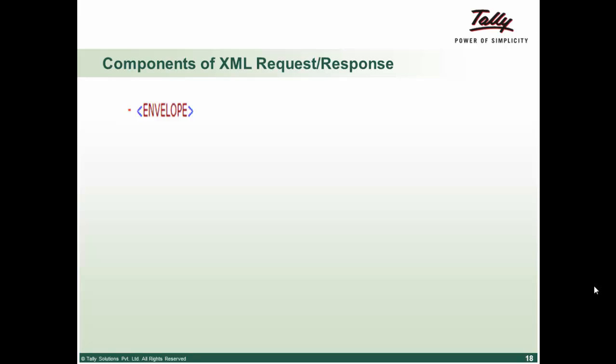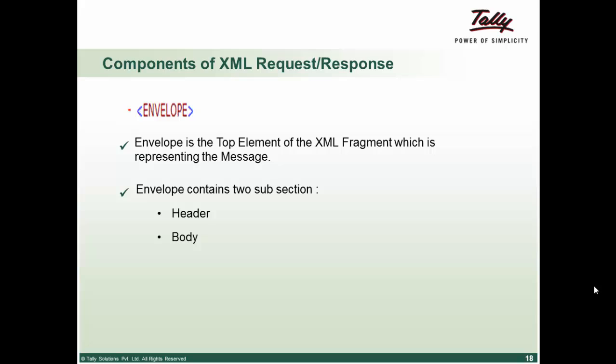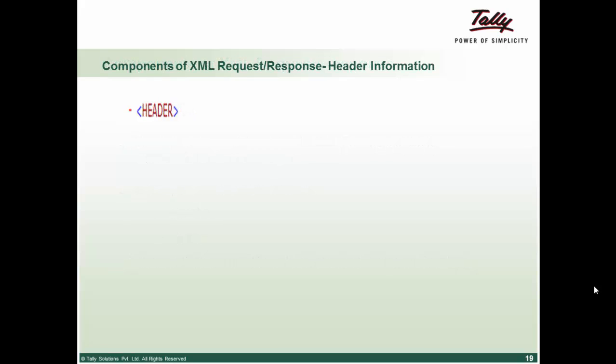Envelope is the top element of the XML fragment, which is representing the entire message. Envelope further contains two sections, that is the header tag and the body tag. These sections are used for both the request and the response template.